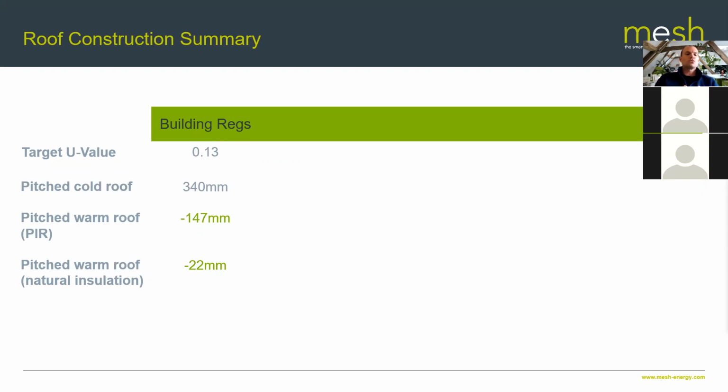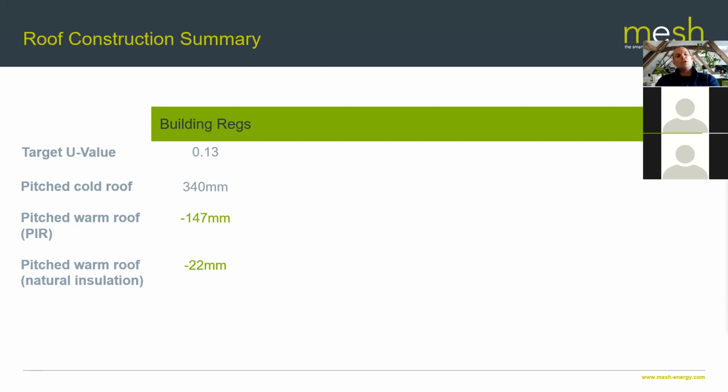So in the pitch cold roof case, you've got something which is 340 millimeters thick, just using glass fiber wool, tiles, usual stuff. But when you add PIR into the mix, in between the roof joists, the thickness of your roof structure reduces by almost 150 millimeters because of the increased performance of the PIR insulation.